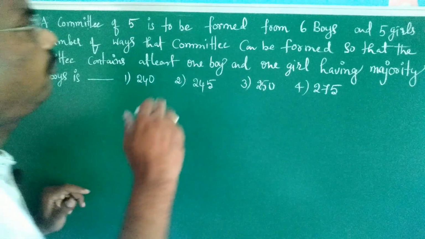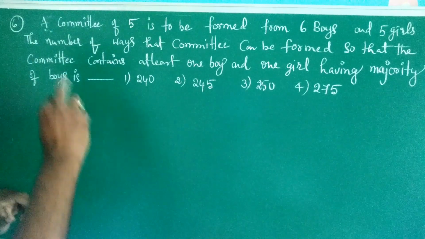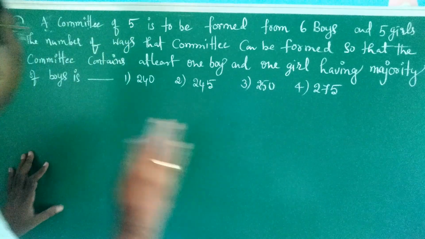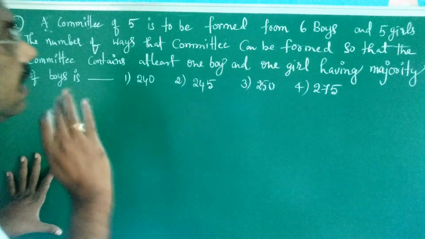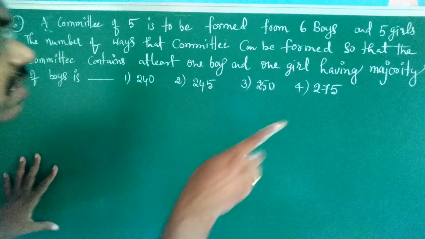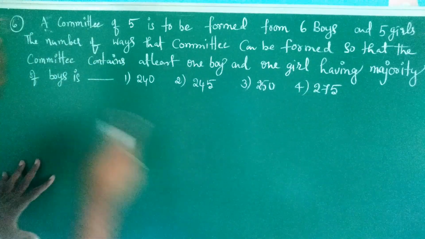A committee of 5 is to be formed from 6 boys and 5 girls. The number of ways the committee can be formed such that the committee contains at least one boy and one girl, and also another condition is given, having a majority of boys.